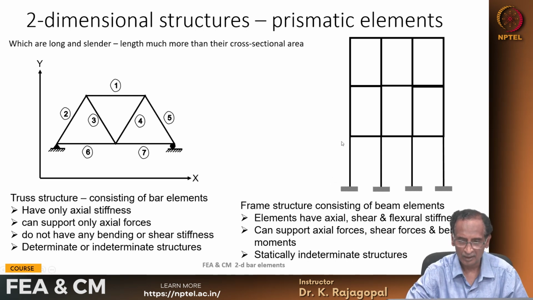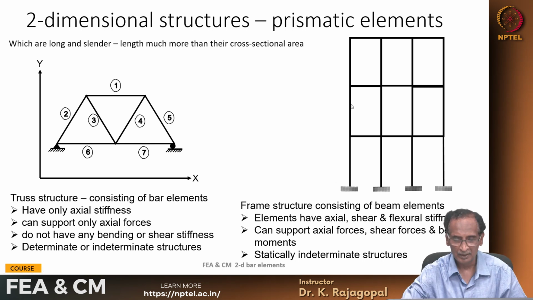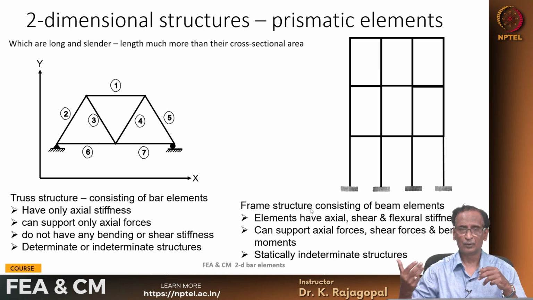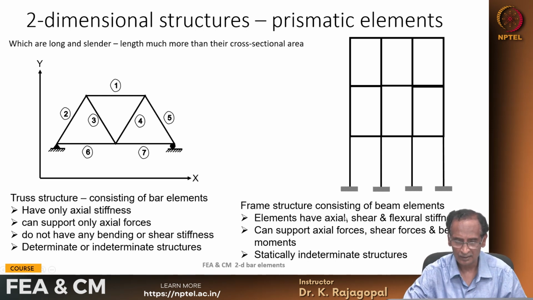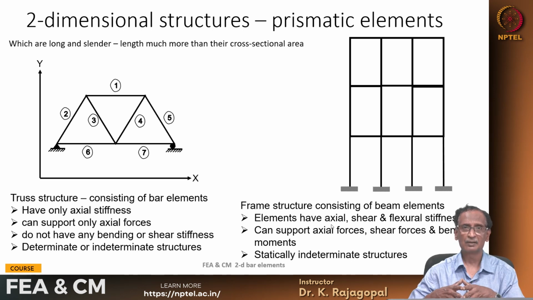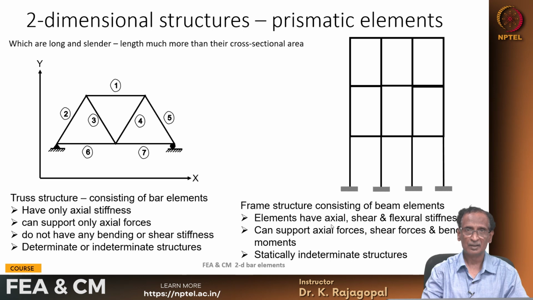And then you can also have frames made of beam elements, and these beam elements have three forces, the axial force, shear force, and then the bending force, and correspondingly they can have three stiffnesses: axial stiffness, shear stiffness, and flexural stiffness. And these are basically statically indeterminate structures. We require some other methods for solving them.